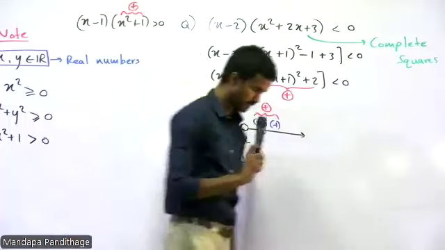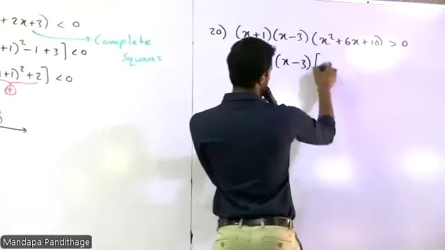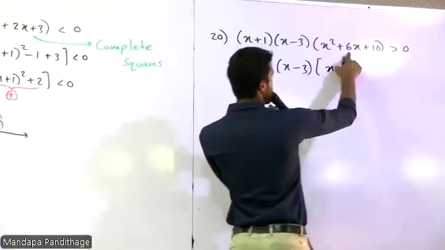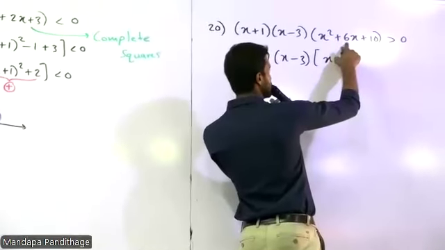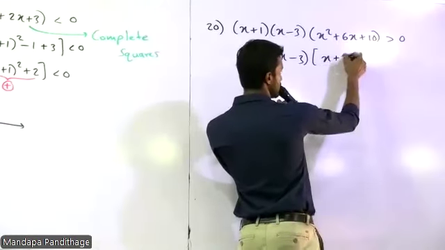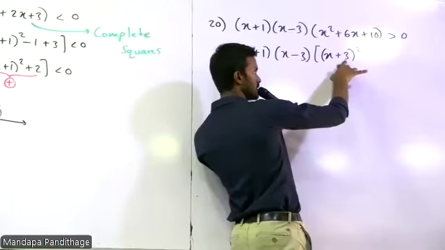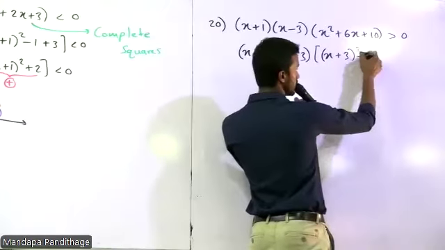Okay, so I told you when you have a factor that cannot be factorized, complete squares and show that it is positive. x plus 1, x minus 3. And now complete squares, it's x squared plus 6x. Half of 6 is 3. So then I put x plus 3 squared. I told you every time in completing squares, what you put additionally is the square of this, so reduce it.